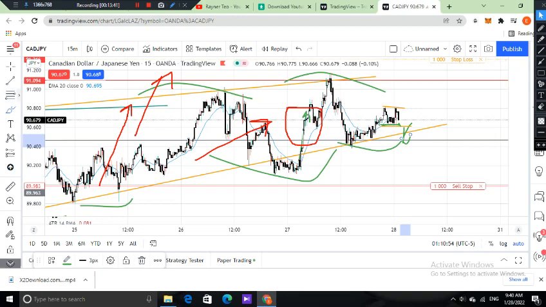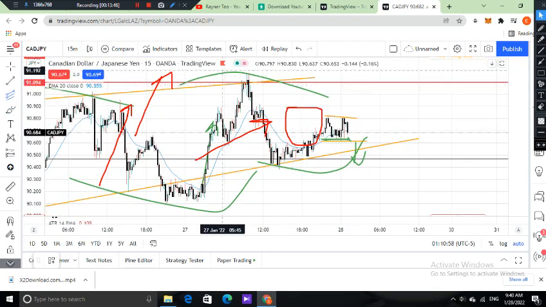We can also use the Fibonacci channel as usual.